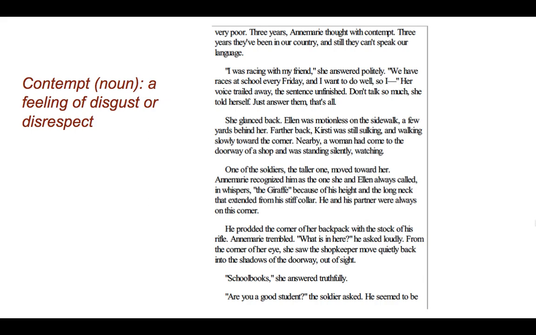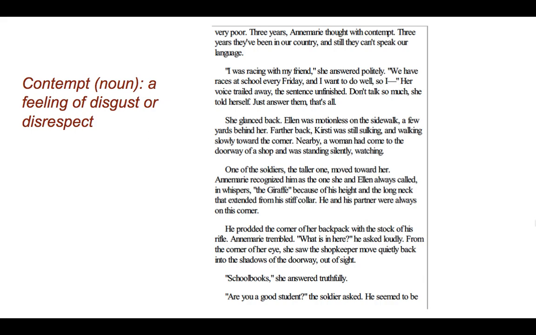"Just answer them, that's all." She glanced back. Ellen was motionless on the sidewalk, a few yards behind her. Farther back, Kirsty was still sulking and walking slowly toward the corner. Nearby, a woman had come to the doorway of a shop and was standing silently, watching.